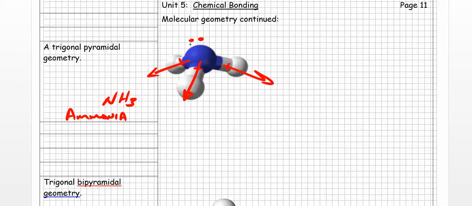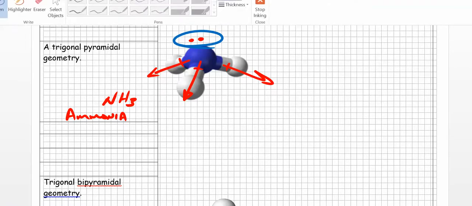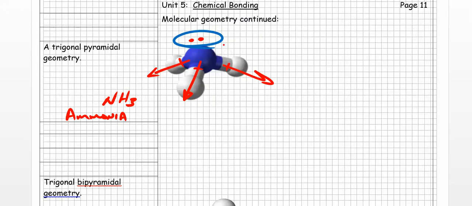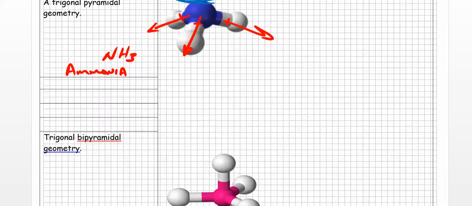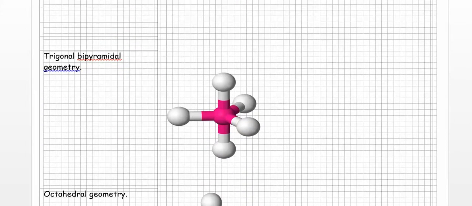The shape is influenced by that lone pair of electrons pushing electron densities here, here, and here down. So it's not going to be a trigonal planar situation, but instead it's going to be a trigonal pyramidal situation. So there you go. Let's take a look now at trigonal bipyramidal.